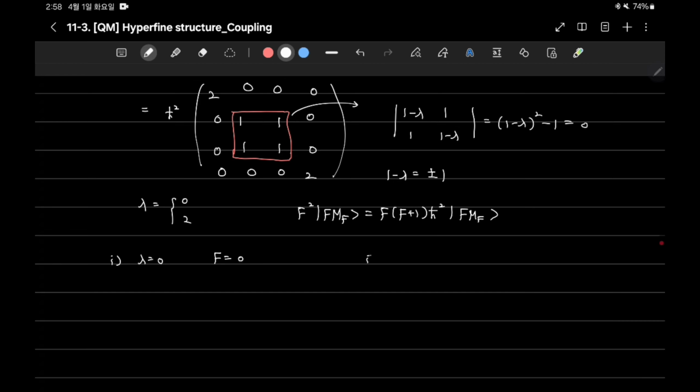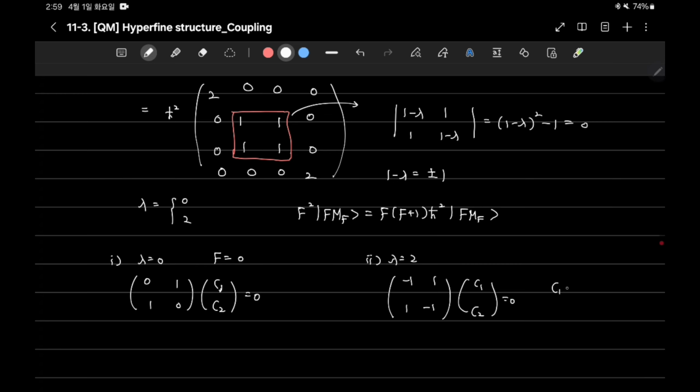In the second case, the lambda equal to 2 case, and here the subspace, 0 1 1 0 times c1 c2, so it is a 0 case. And also here, in the 2 case, it is minus 1 1 1 minus 1 times c1 c2 equal to 0, so C1 and C2 are equal to each other.